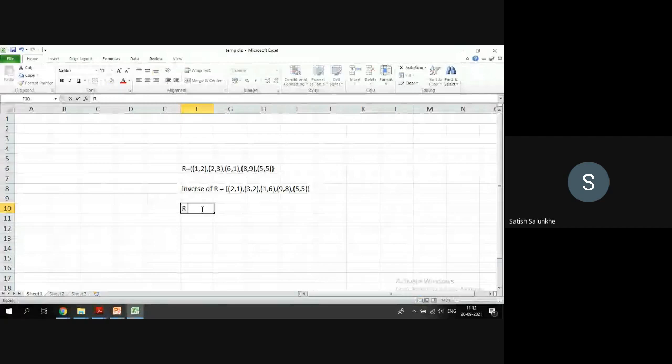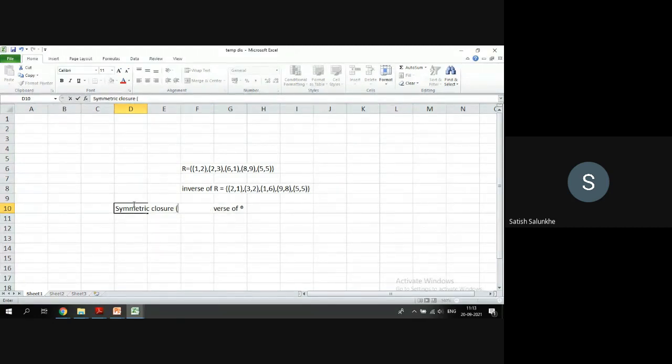Here you need to have just R union inverse of R. I'm not able to draw the symbols here, so therefore I'm typing here: symmetric closure of R is equal to R union inverse of R. If you do the union of these two, you will get a relation which is symmetric closure.